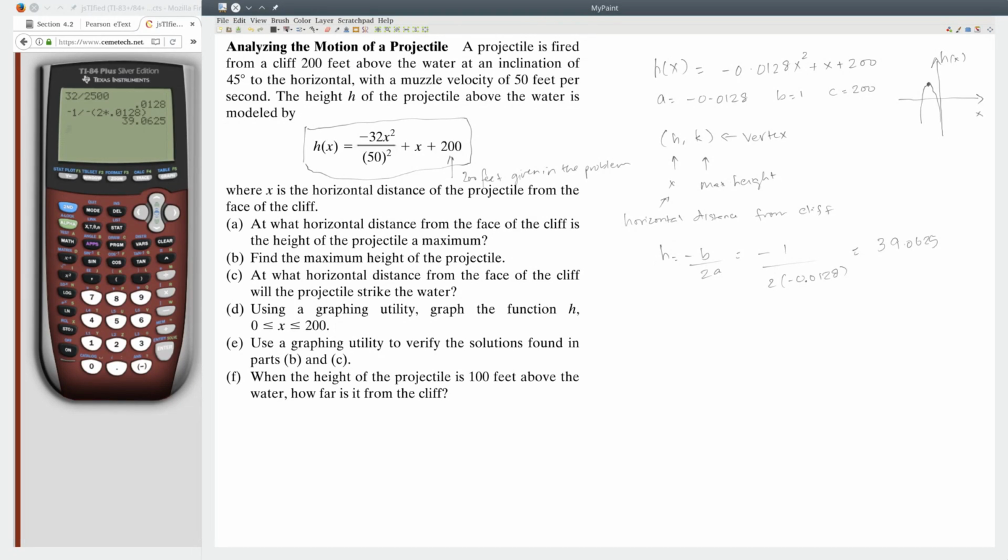Don't confuse this h with the h of x. The h is the x coordinate in the vertex. K is f of h. Now f is nothing but our height function. So we're going to plug 39.0625 into our given height function.